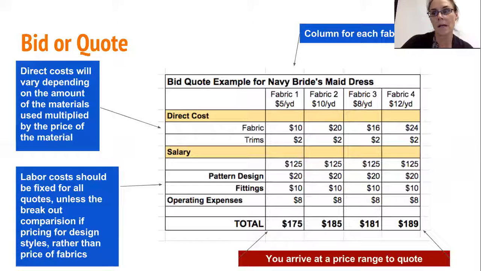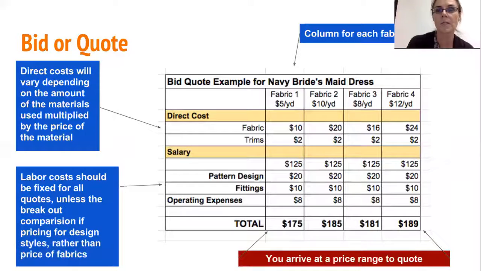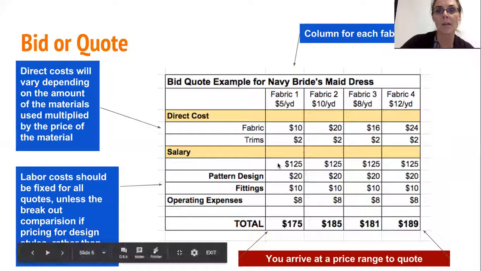That way she knows, depending on which fabric she decides to go with, she can go to the low end of the spectrum or the high end. So when I give a quote, I give a range. Now, when it comes to the end product, and I've actually added up and know exactly how much time I put in labor-wise, then I'll know which one it really is.